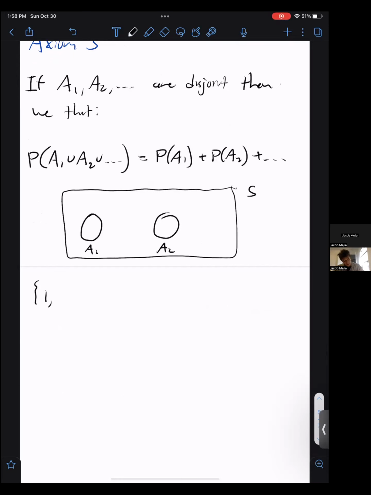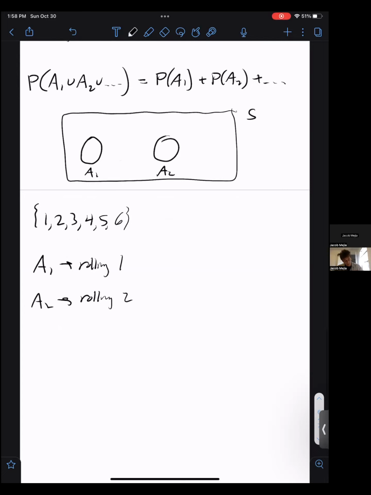We know that the total possible outcomes are 1, 2, 3, 4, 5, and 6. Say we have an event A1, which represents rolling a 1, and event A2, which represents rolling a 2. What's the probability of the union of those 2 events? Rolling a 1 and rolling a 2 cannot occur at the same time because it's a die and you can only roll one face.